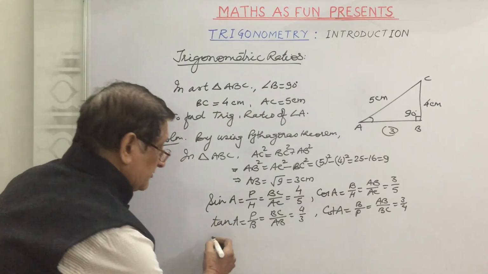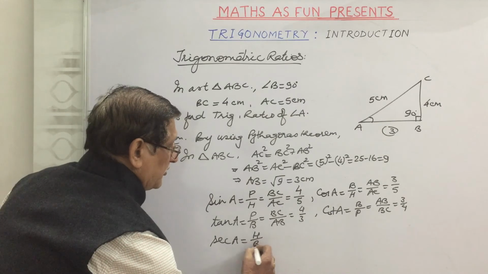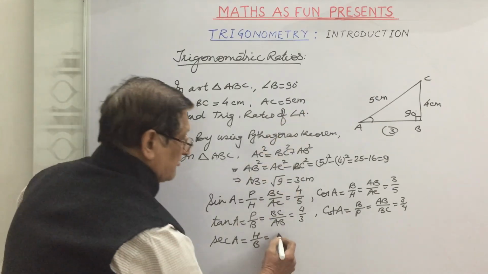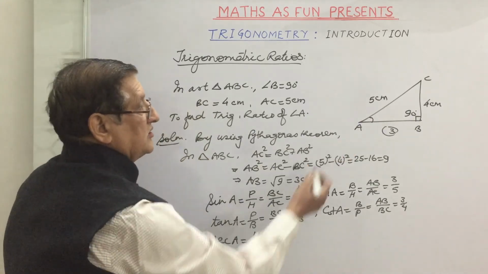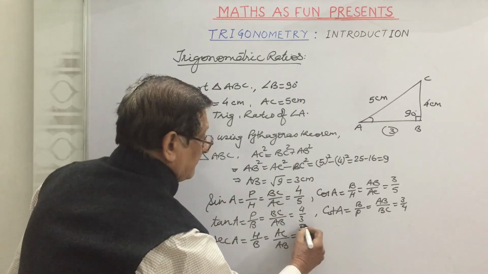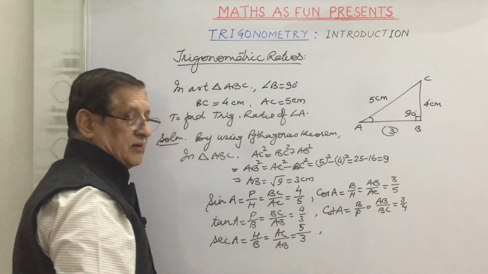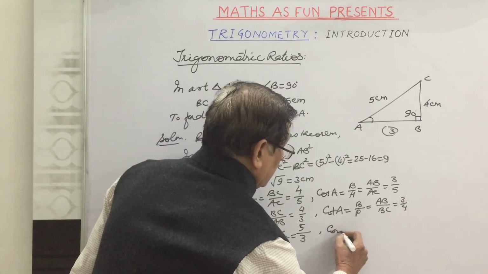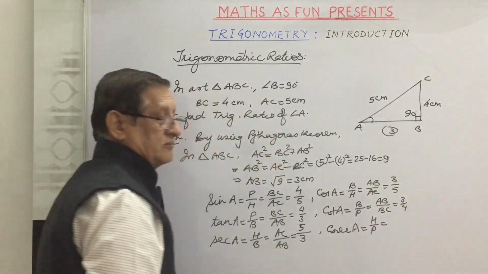Then we find sec A. Sec A is hypotenuse upon base. In this case, it will be AC upon AB. AC is 5, AB is 3, so this will be 5 upon 3. And then the last one is cosec A. Cosec A is hypotenuse upon perpendicular.